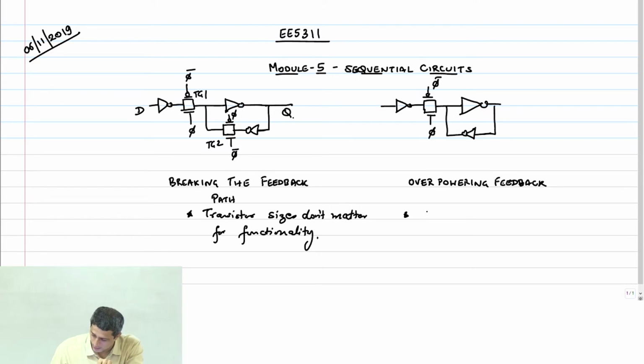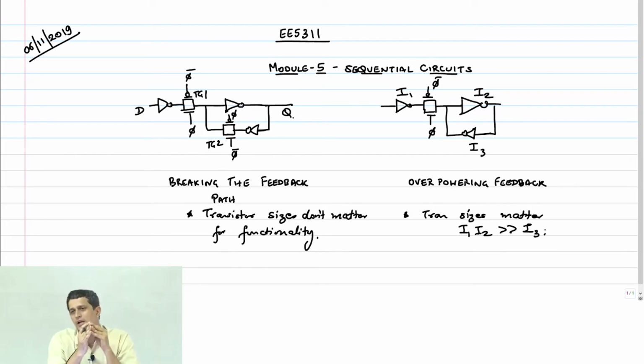Here transistor sizes matter. So this is I1, I2 and I3. I1 comma I2 should be much greater than I3.